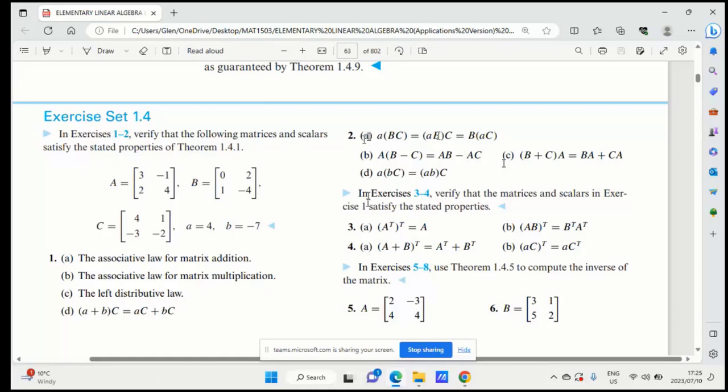In number 3 as well as number 4, we need to verify that the matrices and scalars in exercise 1 satisfy the stated properties.